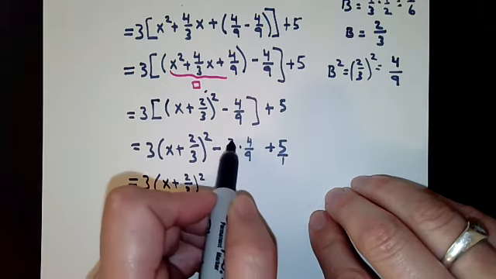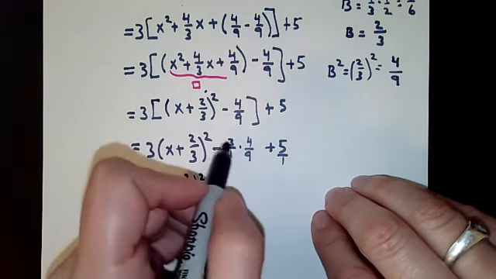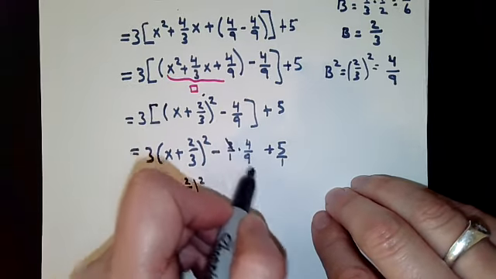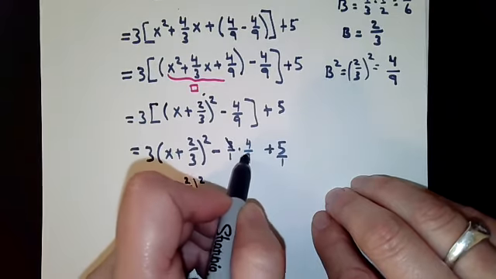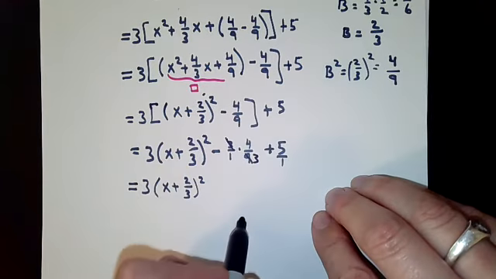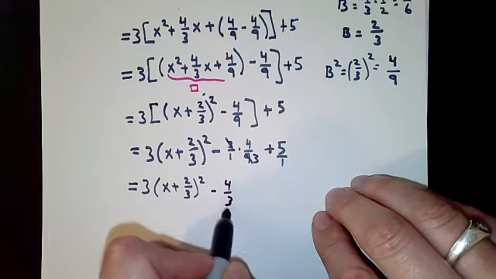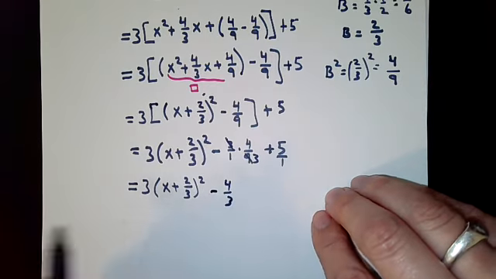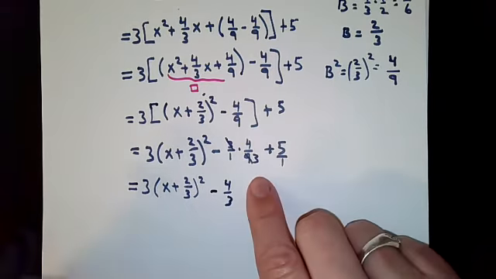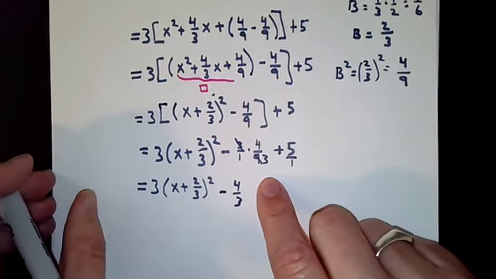The 3 and the 9 both share a factor of 3. So this 3 will divide out with one of the 3's that makes up the 9. So this ends up being a minus 4/3.